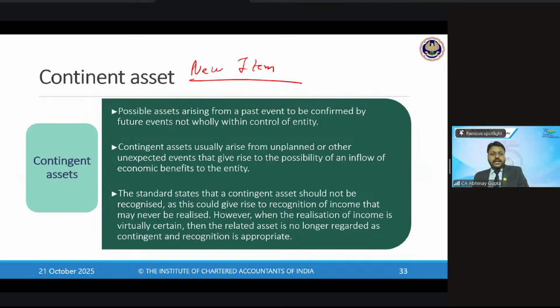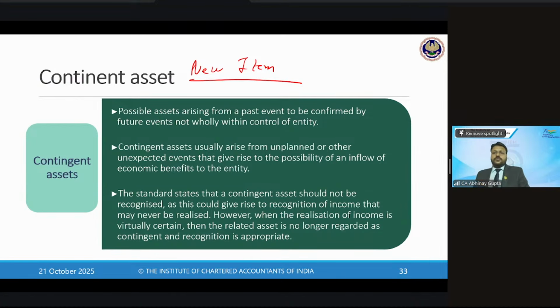Now, what do you mean by contingent asset? Can we draw a reference from the word contingent liability? Yes. The way the liabilities were contingent depending on certain future events not within the control of the entity: if they get crystallized, the company will be paying something; if they don't, the company will not be paying. Because the clarity is not there on the day we are preparing the financial statements, we call them contingent liability.